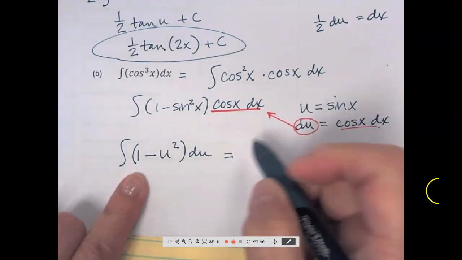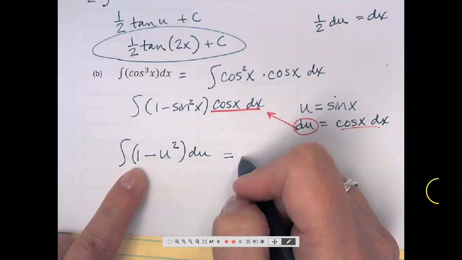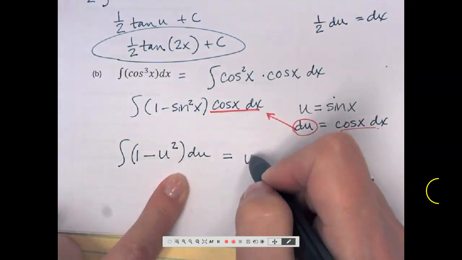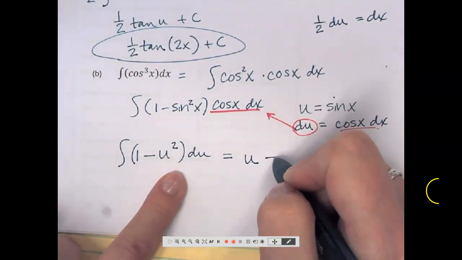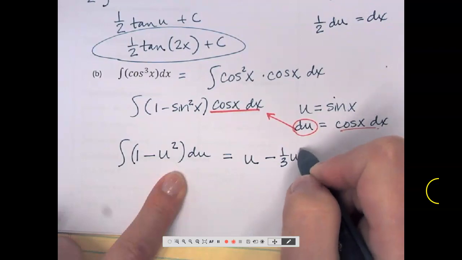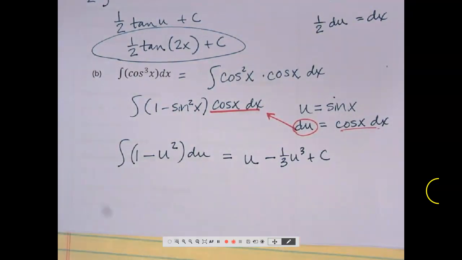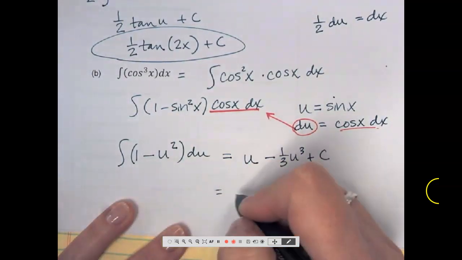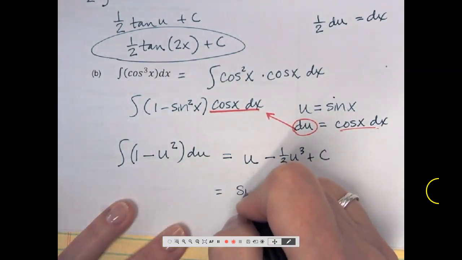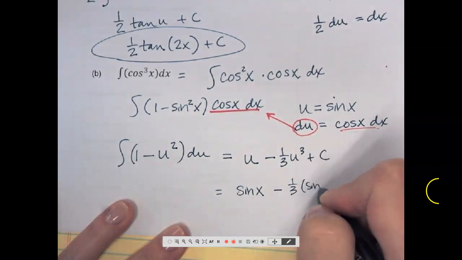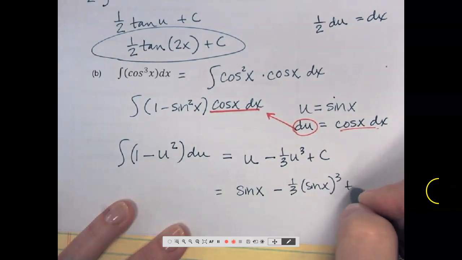What would it become? Antiderivative of 1 is, but we're using u, so u minus 1/3 u cubed plus c. And then replacing it, sine x minus 1/3 sine x cubed plus c.